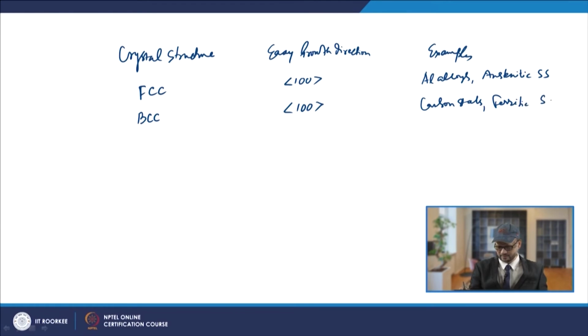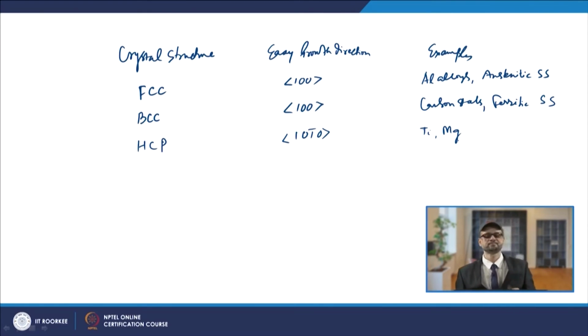Similarly, you may have the hexagonal close packed structure, which has the direction 101'0, and materials like titanium or magnesium come under this type of crystal structure.